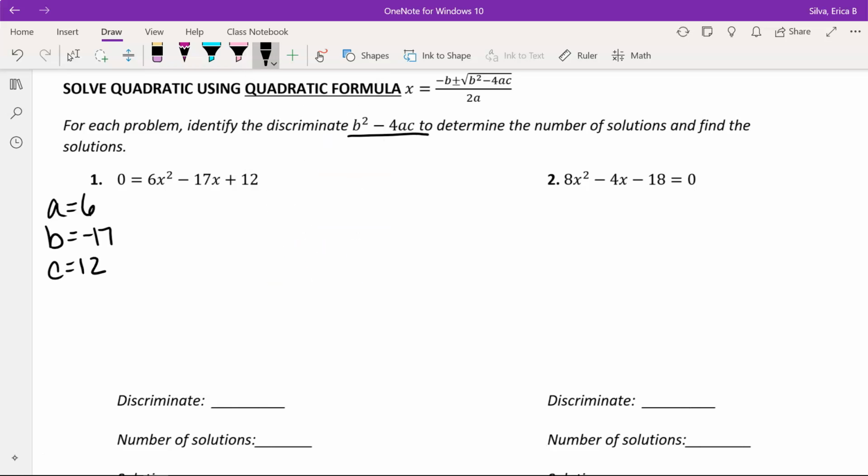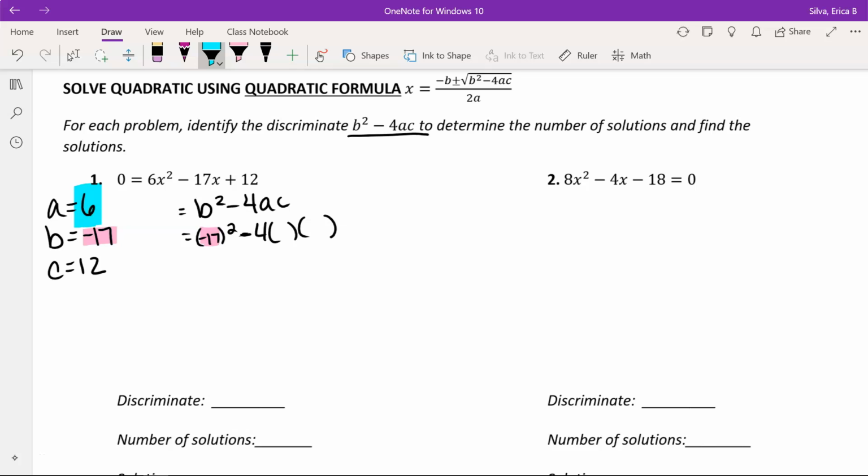So to find our discriminant, we go with b squared minus 4ac. And to eliminate any mistakes, let's put the parentheses first and then substitute. So my b is negative 17. Remembering your calculator, you want to put the negative 17 in parentheses and then the squared outside of the parentheses.